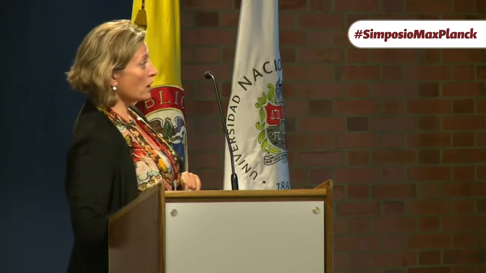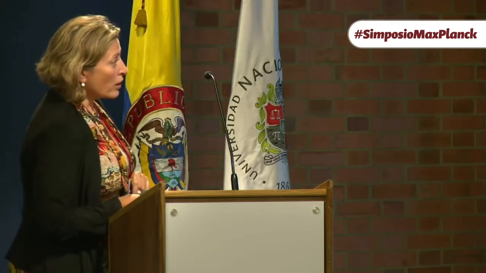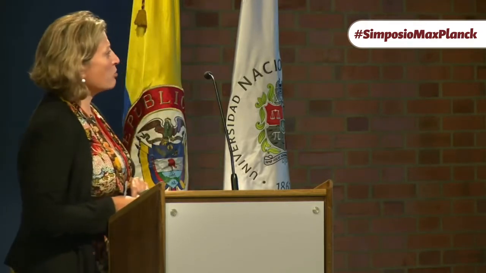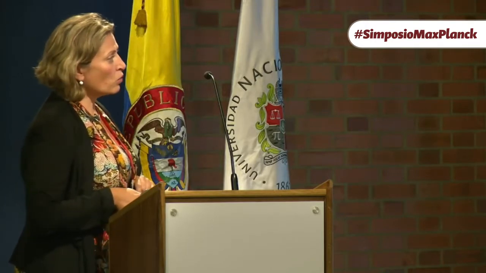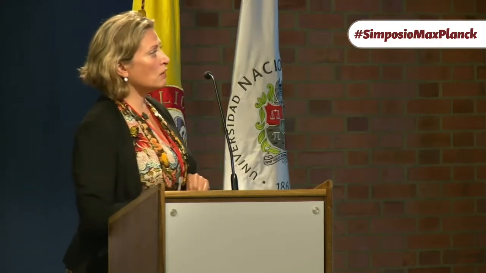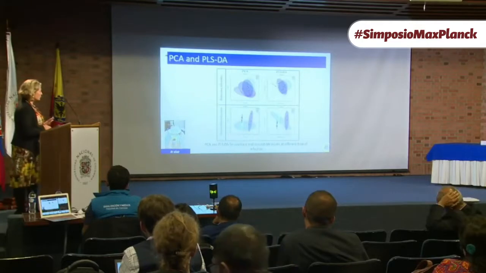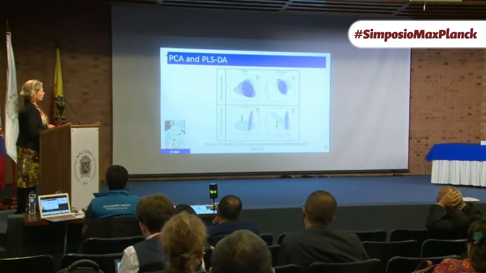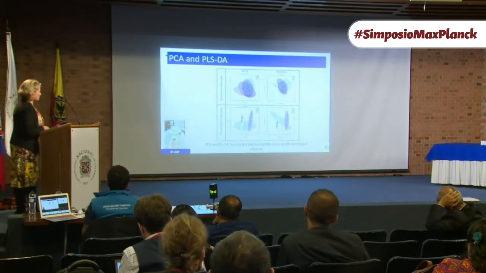So we were quite surprised. We tried the multivariate analysis, but again, it was not possible to see any difference. So it was not possible to differentiate between healthy plants and infected plants.